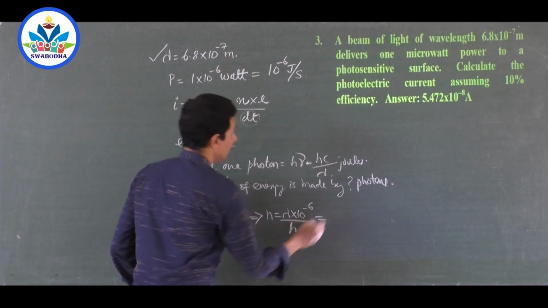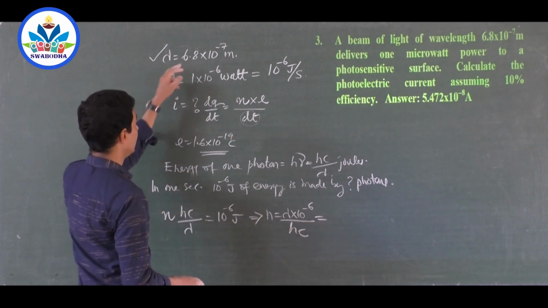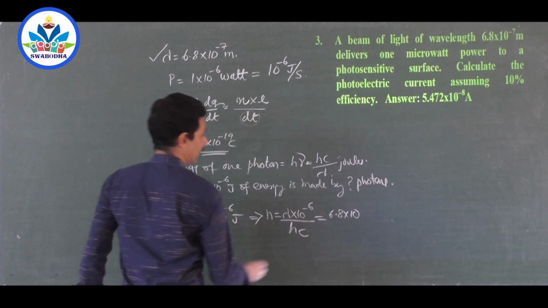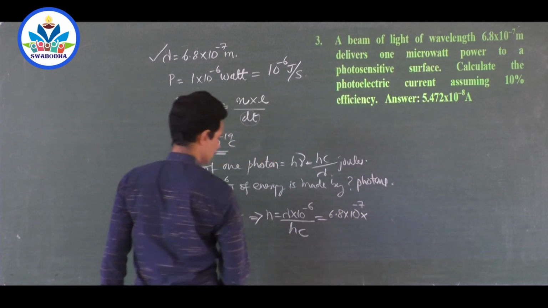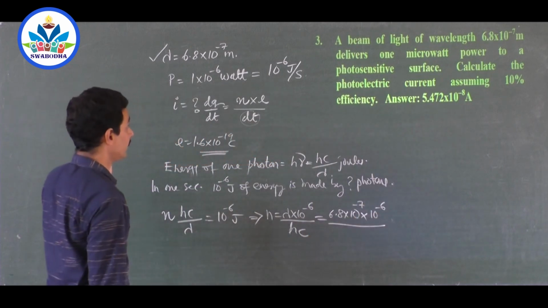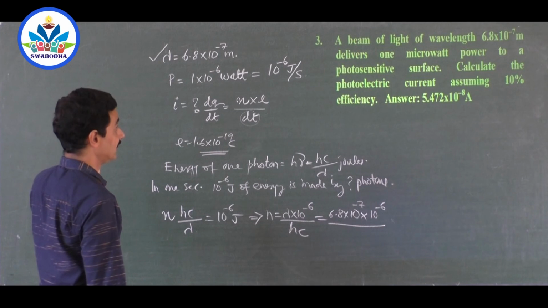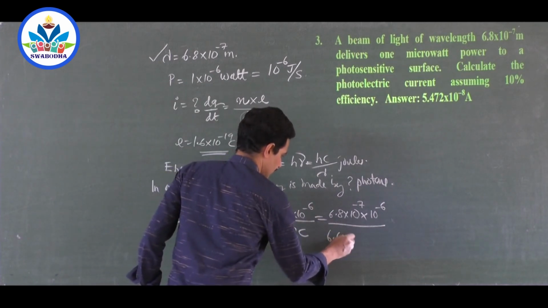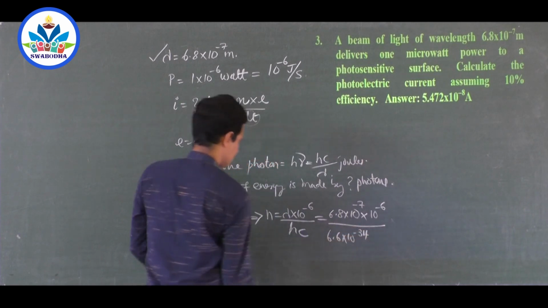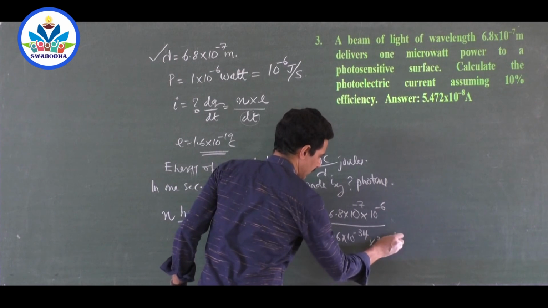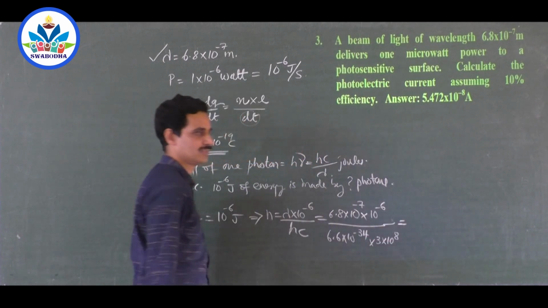What is lambda? Lambda, yeah, 6.8 into 10 to the power minus 7, into 10 to the power minus 6, divided by 6.6 into 10 to the power minus 34, Planck's constant. C, velocity of light in vacuum, 3 into 10 to the power 8. See how many constants you have to remember.